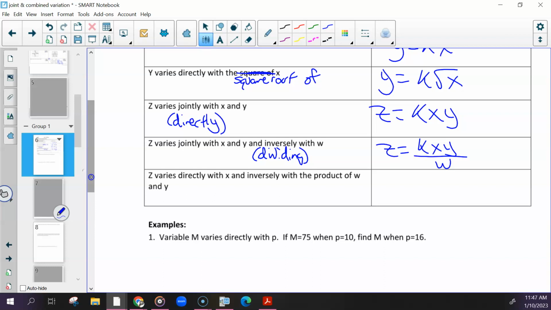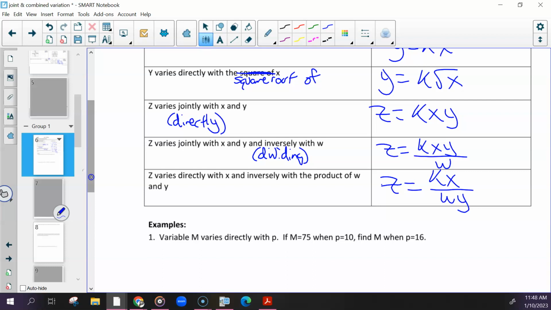How do you think we would write z varies directly with x and inversely with the product of w and y? Do it. Okay, so pay attention to the words.